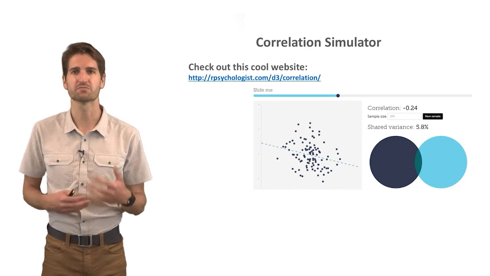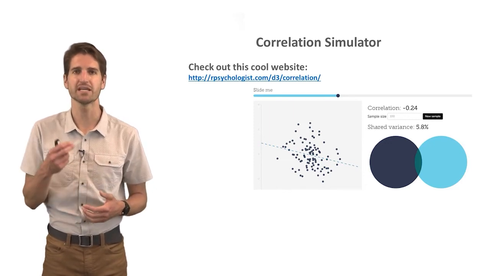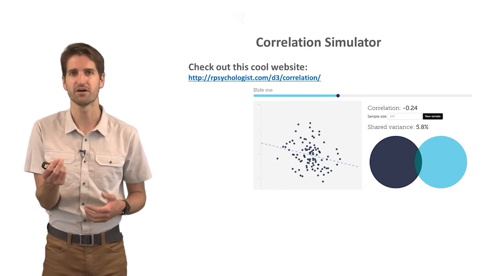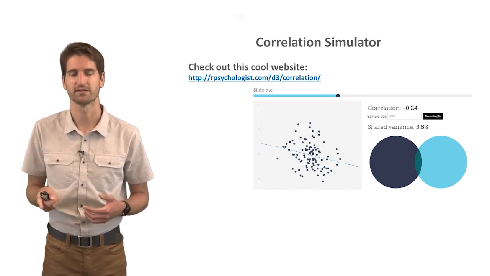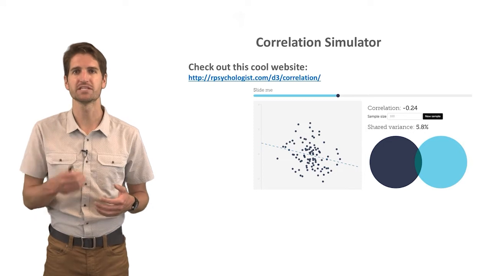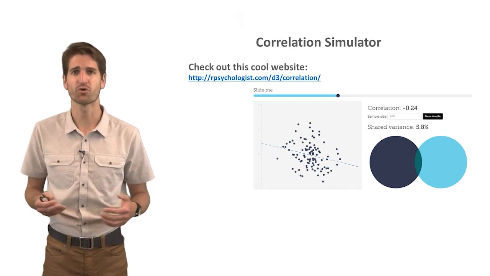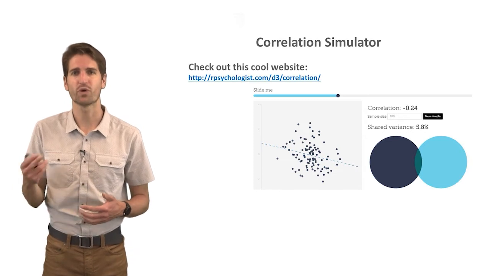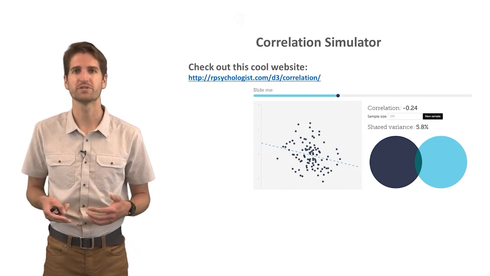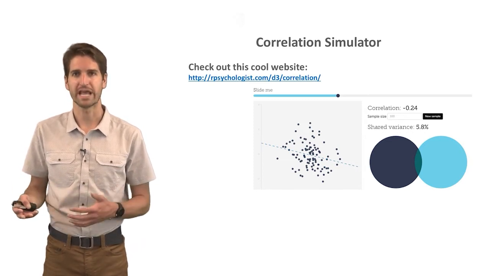Variance explained is computed by simply taking the correlation value itself and multiplying it by itself, or squaring it, in other words. Here you can see in this example, if the correlation is -0.24, if we square -0.24, we would get about 5.8%.